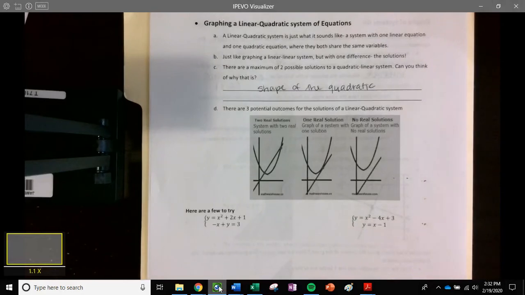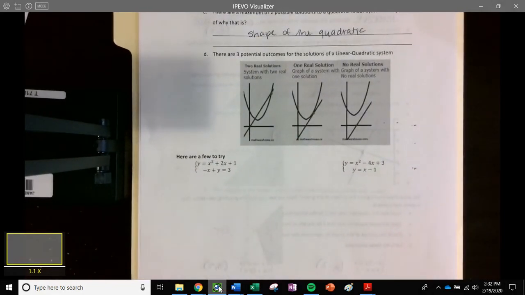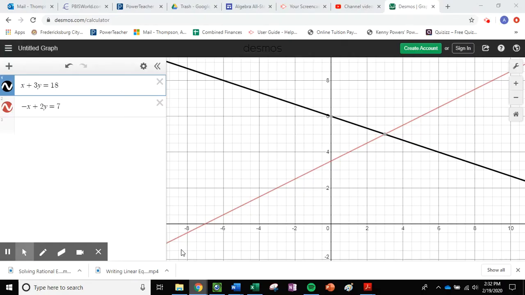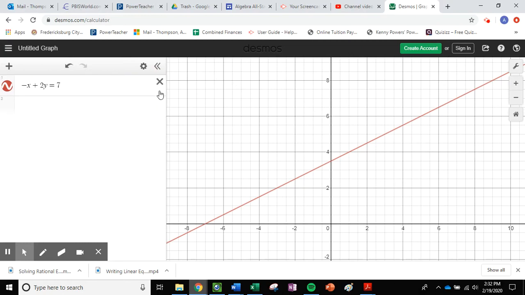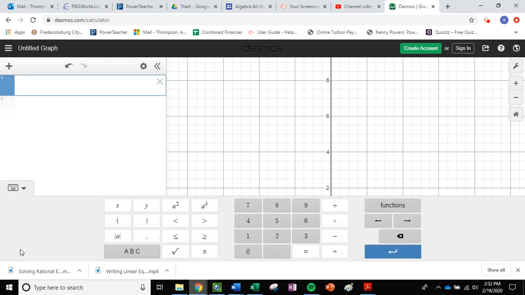Okay, so let's look at these 2 examples in the graphing calculator. Let me go back to Desmos here. Okay, let's clear these out from the linear. And now I've got x squared plus 2x plus 1.